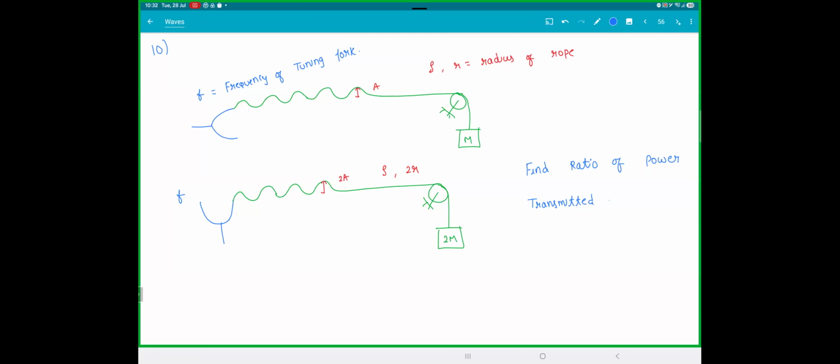I literally changed most of the details there. So it's just a matter of formula substitution, but you have to be careful. Today's class is math heavy.